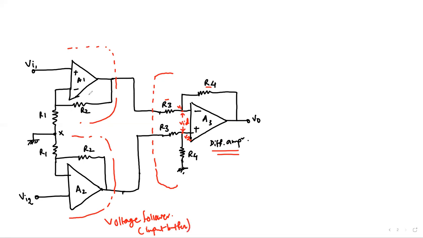Because we know that without these two amplifiers, A1 and A2, the input differential resistance of this differential amplifier is 2 times the value R3 right over here. Okay, so we have to make sure that the input signals that we apply are all applied to the input terminals of the op-amp.